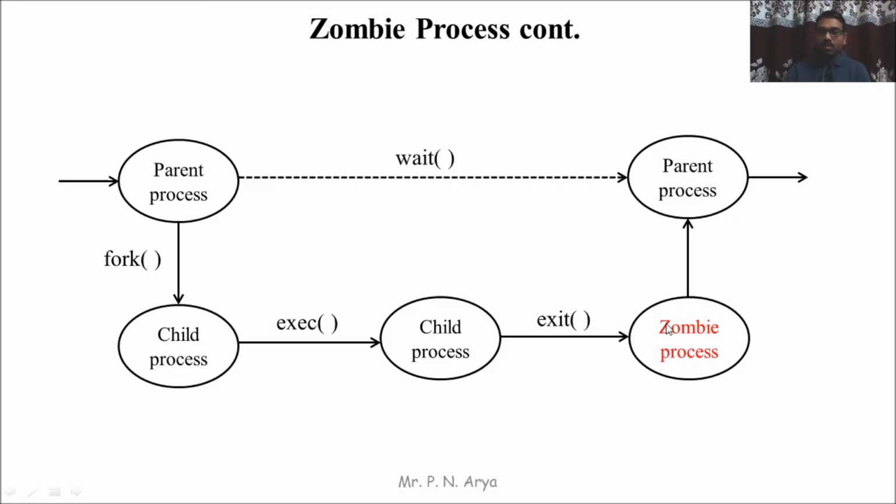So this process is a zombie process: the child process has exited, but the record still exists. Here the parent process calls the wait system call to know the status of the child process.